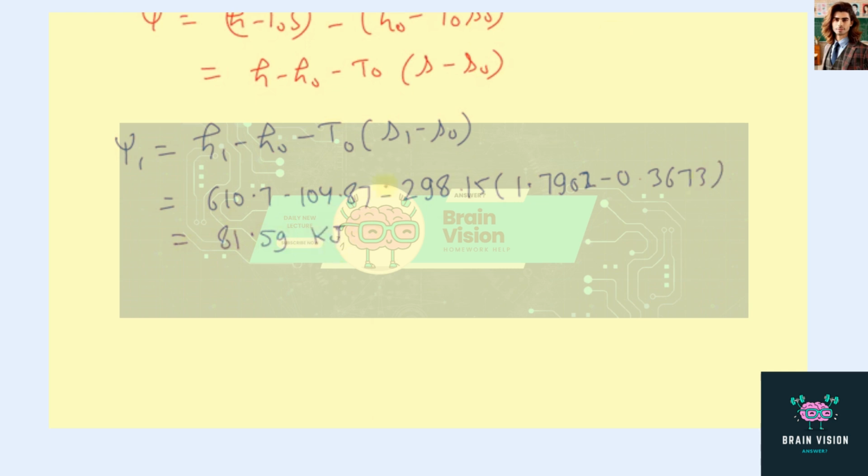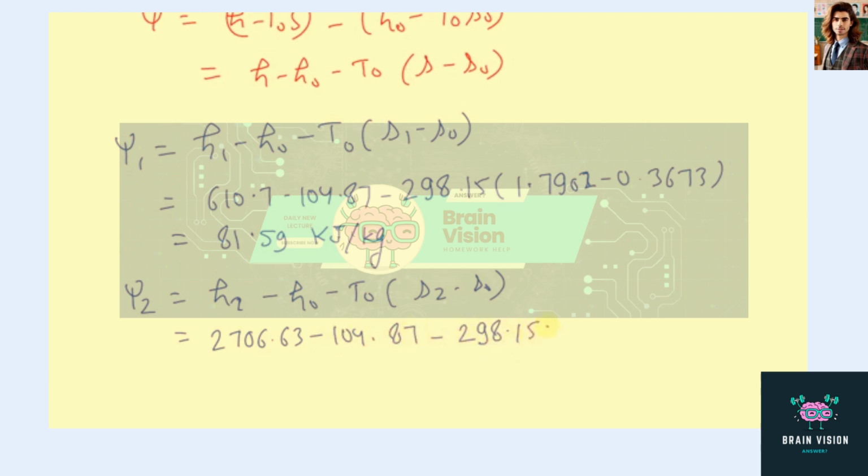Similarly, psi 2 will be equals to H2 minus H naught minus T naught into S2 minus S naught, and this will be equals to 2706.63 minus 104.87 minus 298.15 multiplied by 7.1271 minus 0.3673.